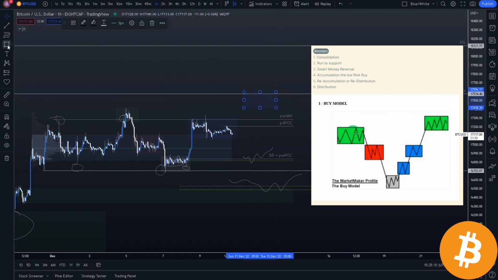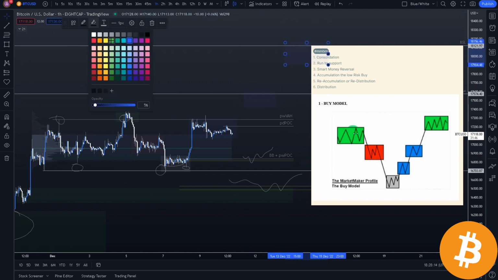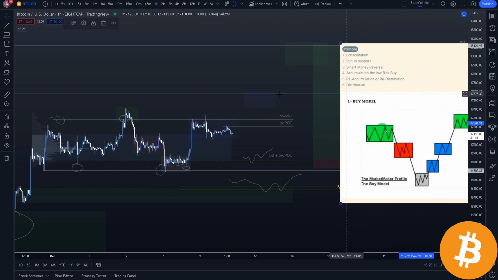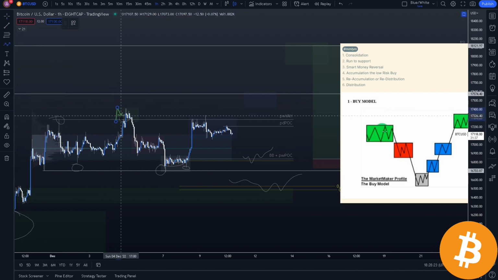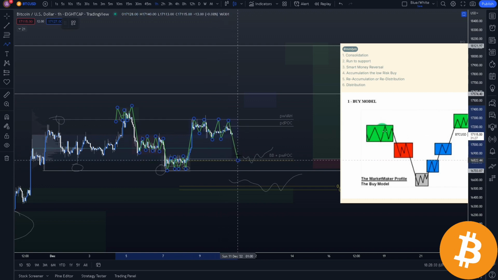And then we'll get our final green. So just like that, this is the price action that I'm currently looking at. It just looks like we're experiencing the market maker buyer model here. If I mark out price action like this, it's pretty uncanny. We can definitely see that.